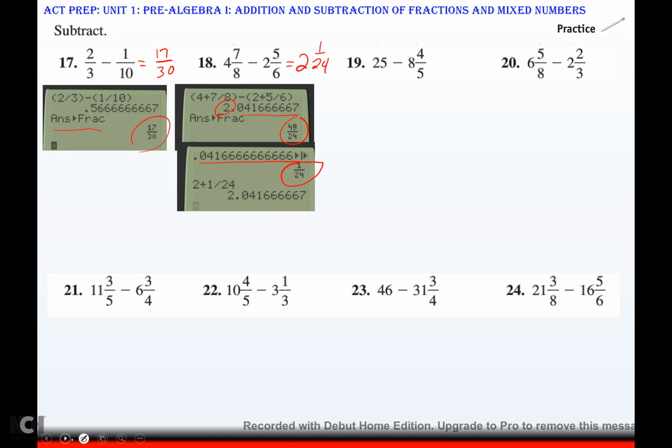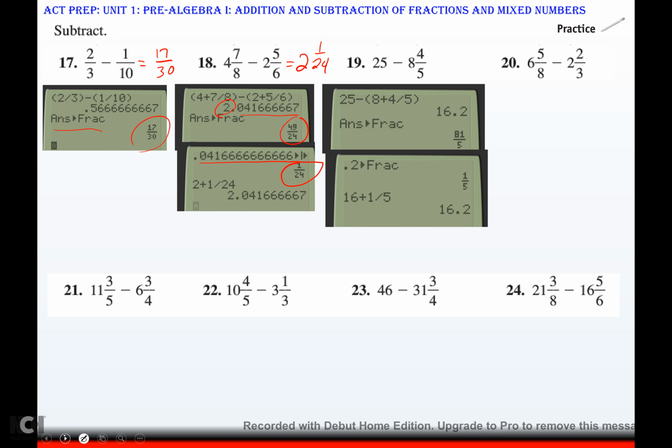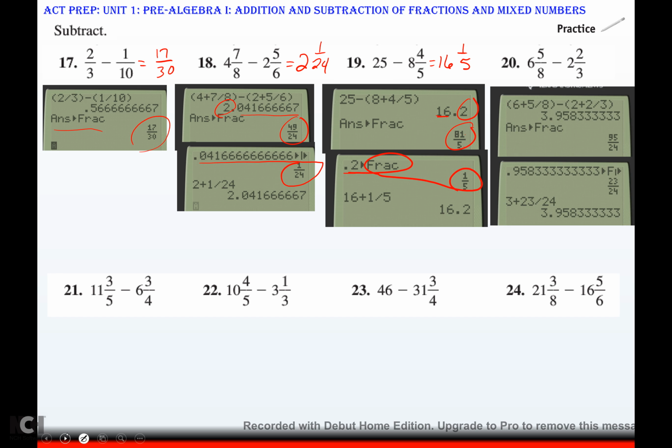Okay, 19, I type it in. 25 minus 8 4/5, I get 16.2. Math enter is improper, but this tells me 5 goes into 81 16 whole times. My leftover 0.2 as a fraction would be 1/5, so my answer is 16 1/5. 20, typing it in, 6 5/8 minus 2 2/3 gives me 3.9583 repeating.